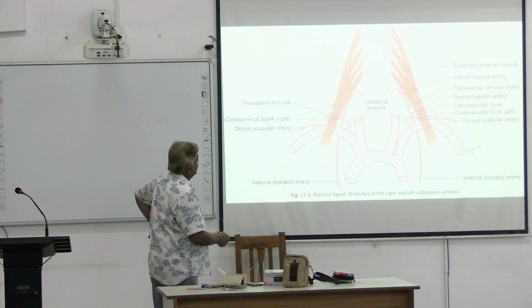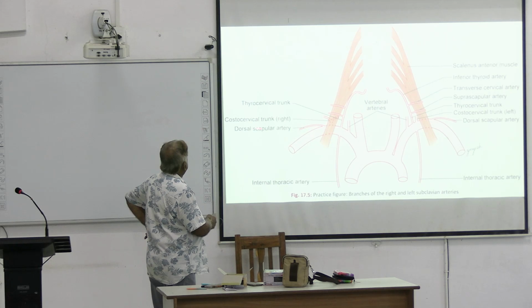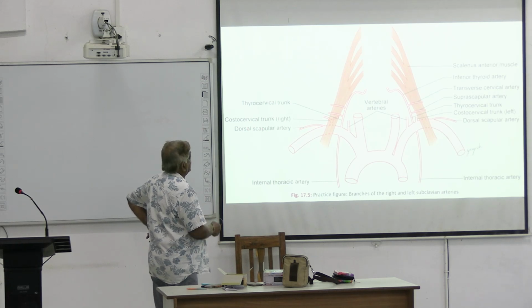Now here the internal thoracic artery goes up, thyrocervical trunk, costocervical trunk, and dorsal scapular artery. This is dorsal scapular artery.